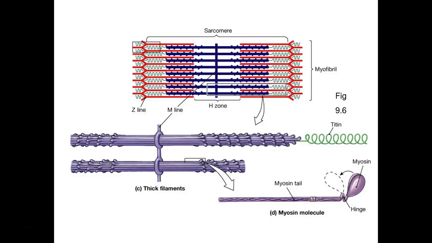Let's look at this a little closer. There's a couple things we didn't talk about here. Well, one thing anyway. See this green stuff? This is called titin, T-I-T-I-N. I think it's one of the largest molecular weight proteins in the body. So it's kind of like a slinky, they think. Remember the little toys you played with when you were a kid? Like a little curlicue thing?